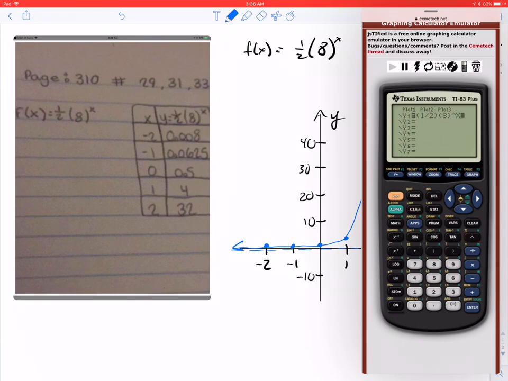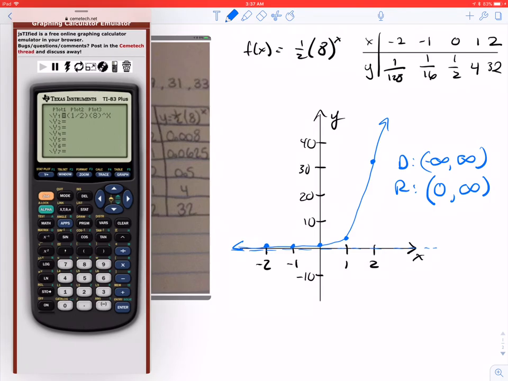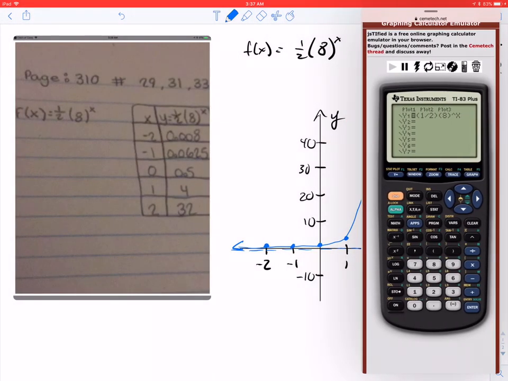Now, the other thing that we need is the appropriate viewing window. So now, since our data is similar, my x's go from -2 to 2, and my y's pretty much go from 0 to 40. So I'll go down, I'll say x goes from -3 to +3, and then I go in steps of 1. Now my y min, I'll go to -10, I'm going to go up to 40, and I want to go in steps of 10.